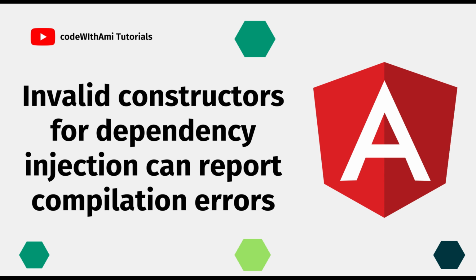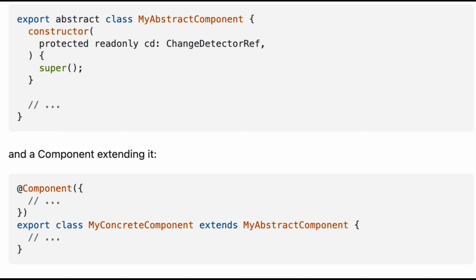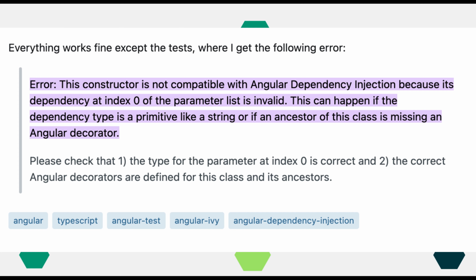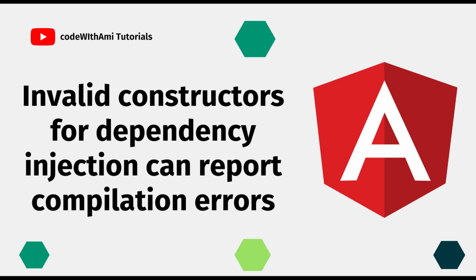Next thing is that invalid constructors for dependency injection can report compilation errors. When a class inherits its constructors from a base class, the compiler can report an error when that constructor cannot be used for dependency injection purposes. This can happen when the base class is missing an Angular decorator such as Injectable or Directive, or when the constructor contains parameters that do not have an associated token, such as primitive types like string.